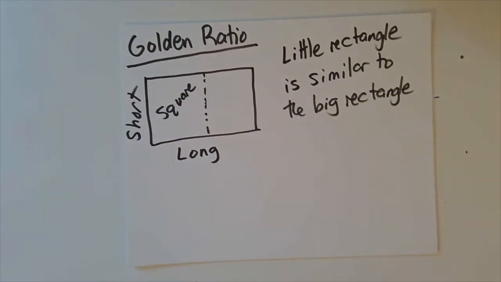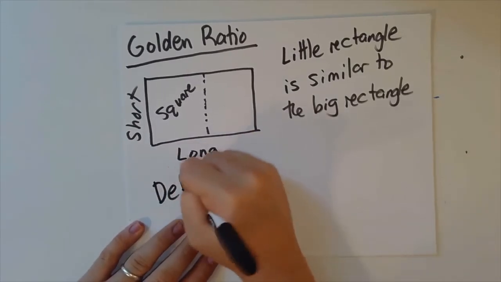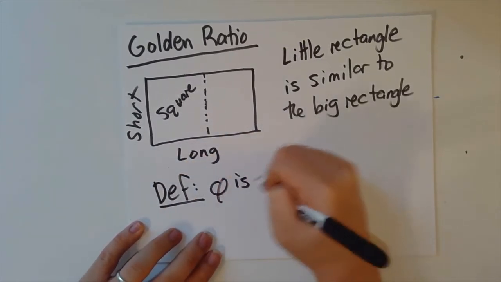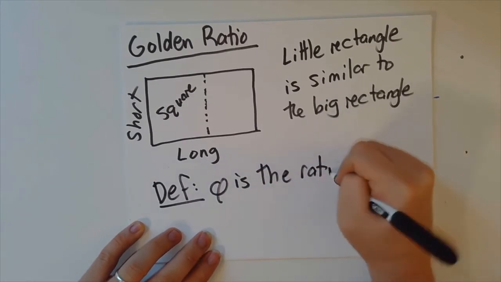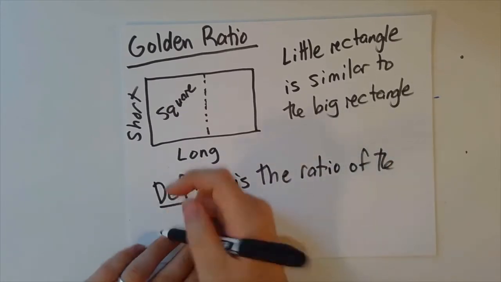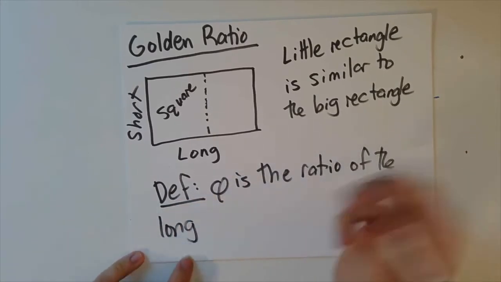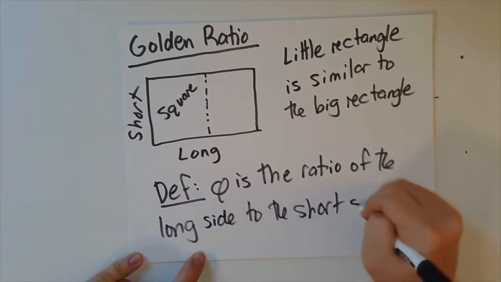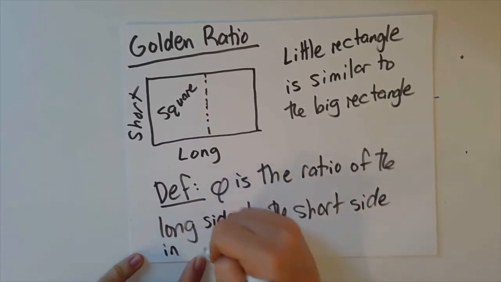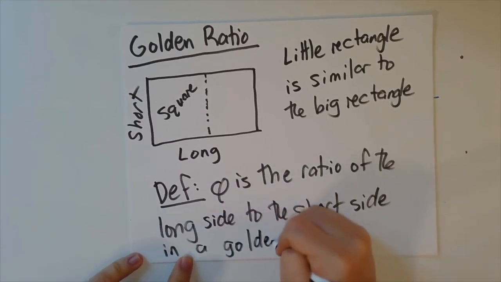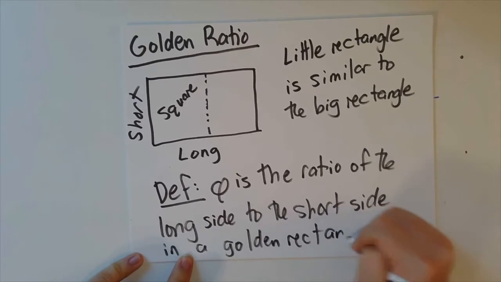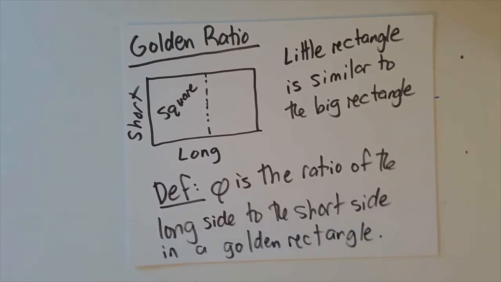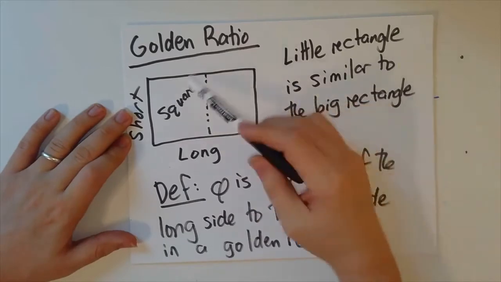So by definition, phi, the golden ratio, is the ratio of the long side to the short side in a golden rectangle. Okay. Now, as I said, in this definition, the small rectangle here is similar to the big one.